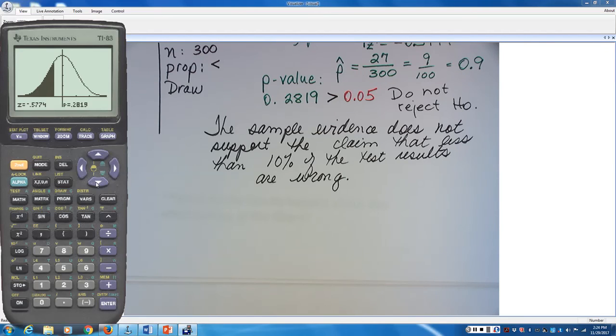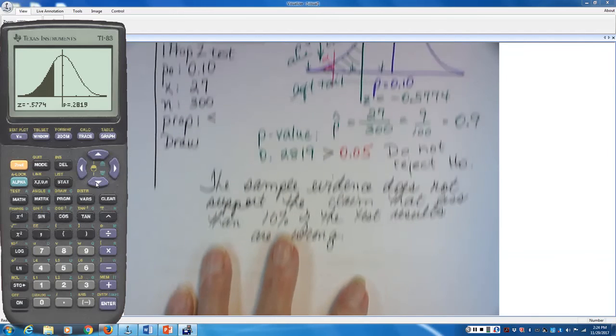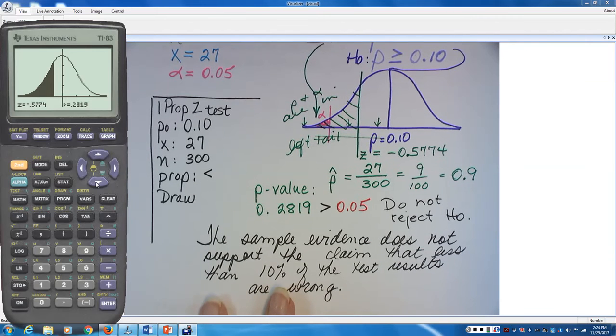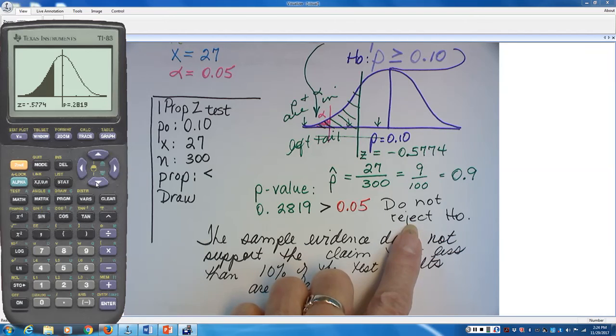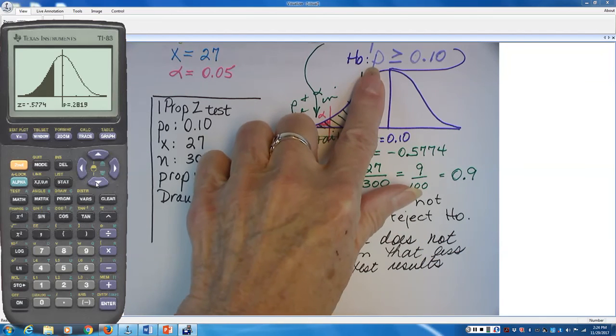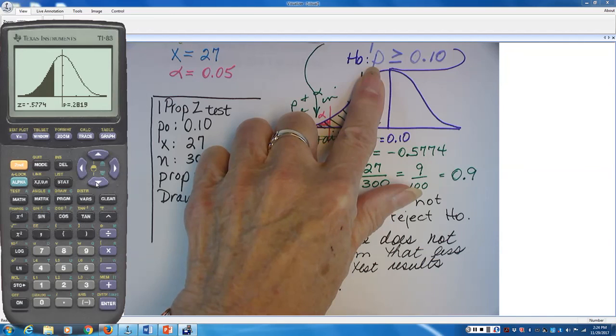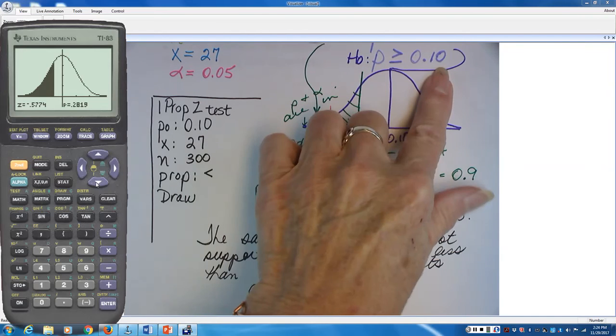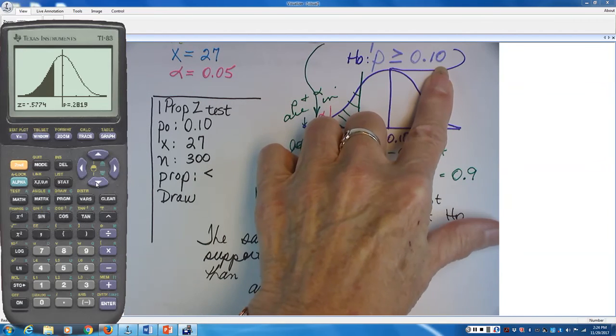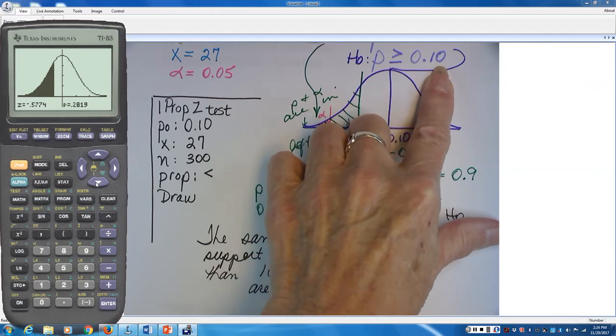How do we find out how to write this claim? You think through what you said. This says not to reject H0, right? What did H0 say? H0 said it's at least 10% or maybe more than 10%.